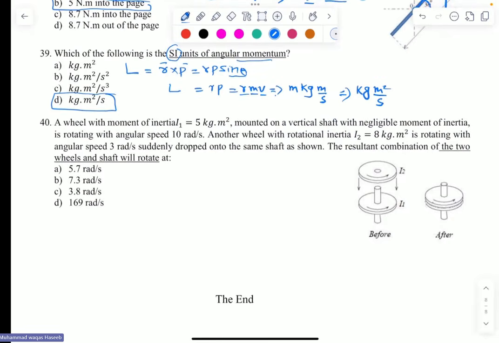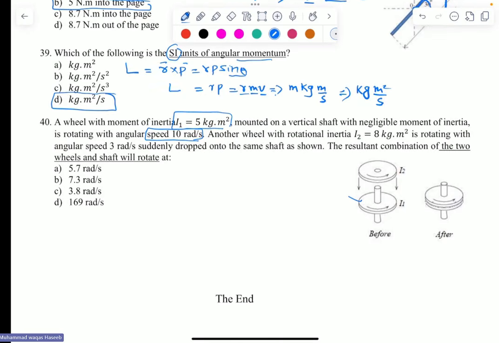The last question, and an important question as well. A wheel with the moment of inertia I1, mounted on a vertical shaft with negligible moment of inertia, is rotating with a speed of 10 radians per second. Another wheel with rotational inertia I2 is rotating with the speed omega 2.